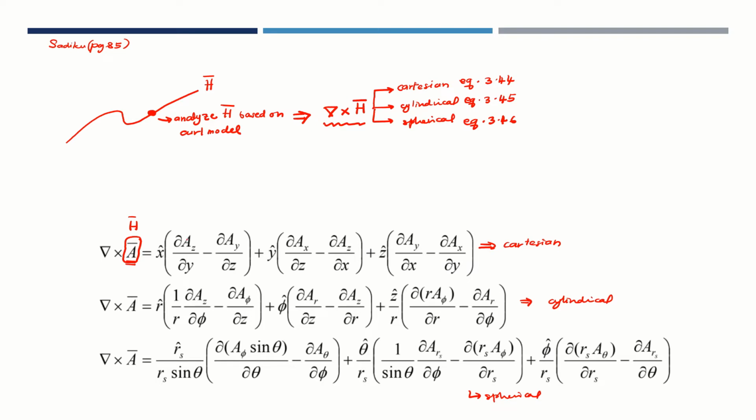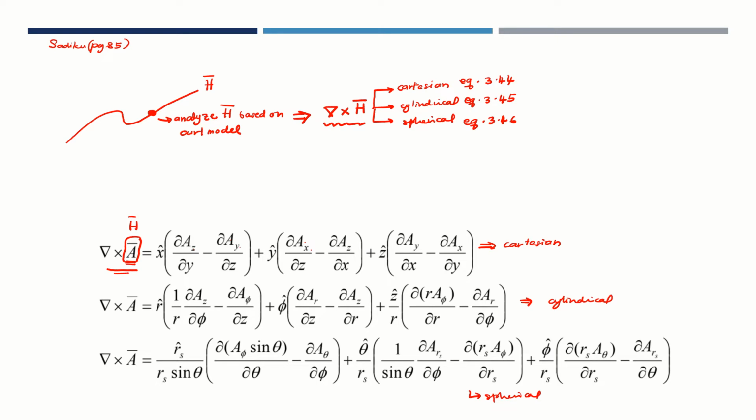So here will be Hz, Hy, Hx. This is the general representation of the curl of A, so if you want to calculate the curl of H, you just change the A to H. I hope this is very clear.